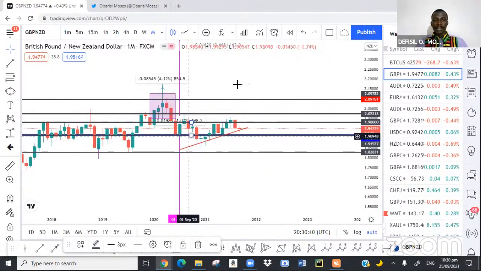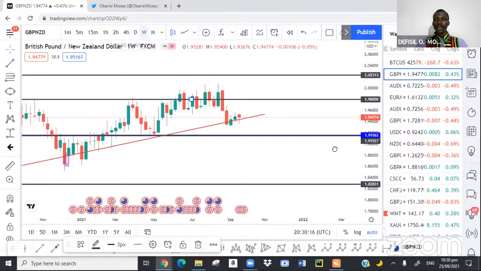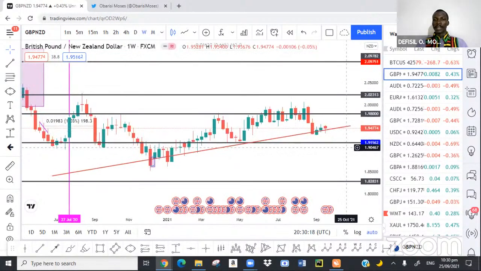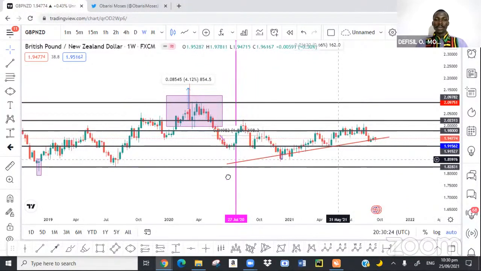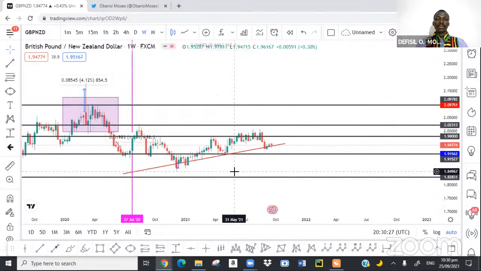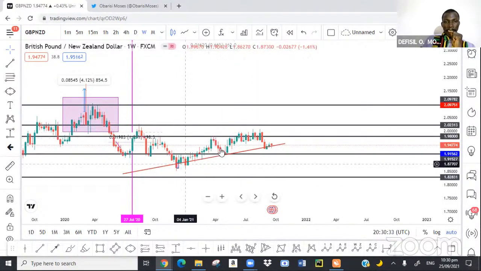This pullback looks as if it's too deep. Let's go over to the weekly. In my opinion, this pullback seems too deep. Okay, we have a higher high, higher low.